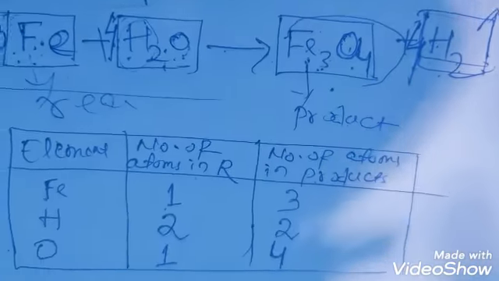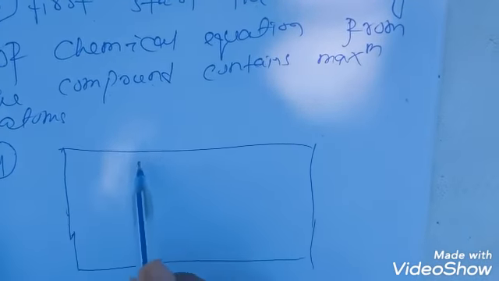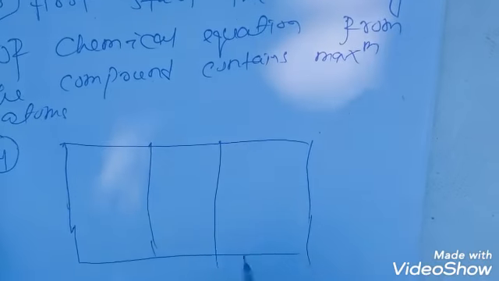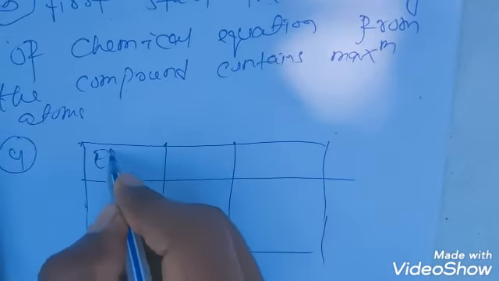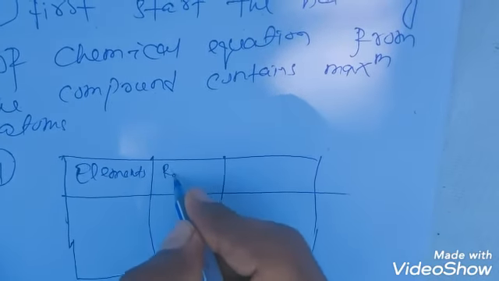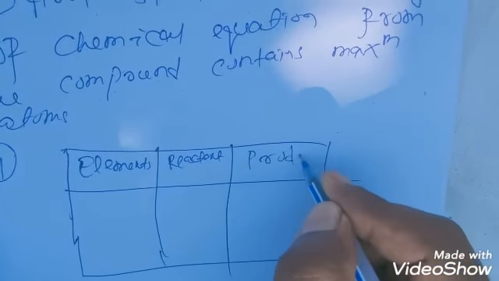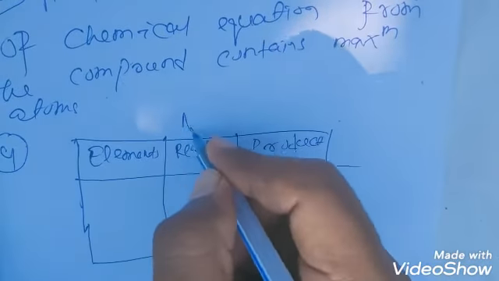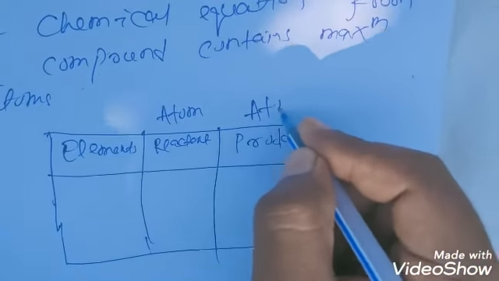So we can write it again in step 4 by balancing the equation. Next we draw a table like the previous one. The first column is for elements, then reactants, then products, giving the number of atoms present in reactants and the number of atoms present in products.